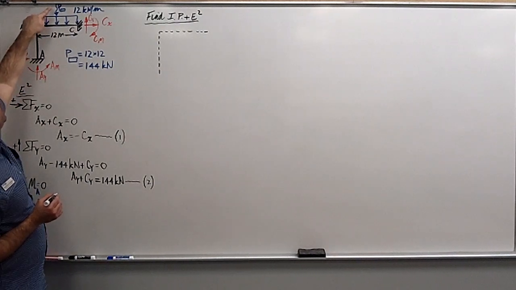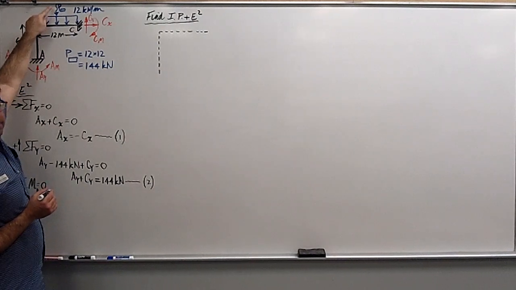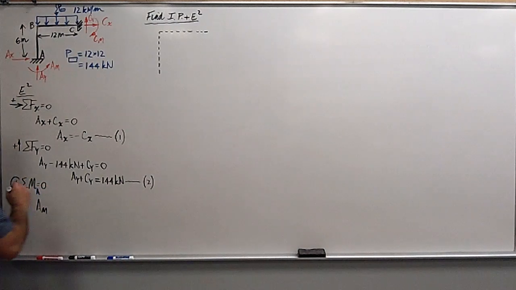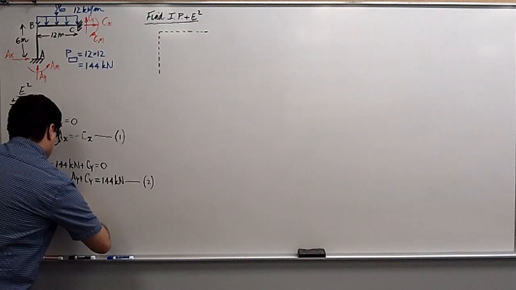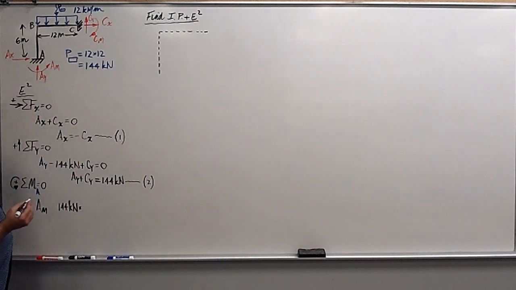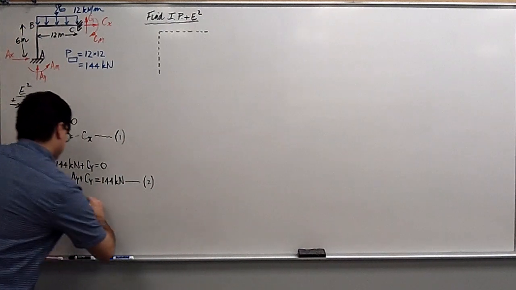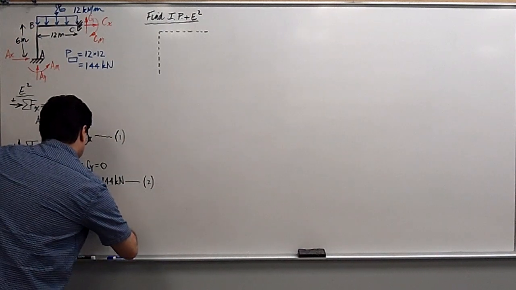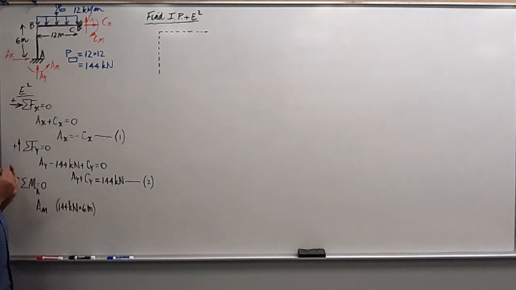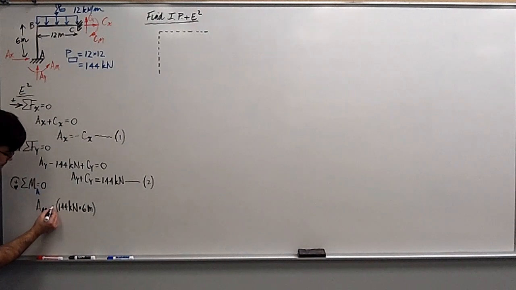Then I move to the moment caused by this distributed load. It's going to be that equivalent point load, 144, times a distance of 6 meters. This moment, with respect to A, is negative.